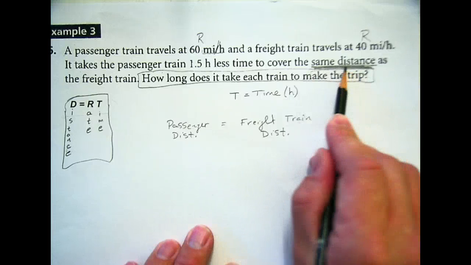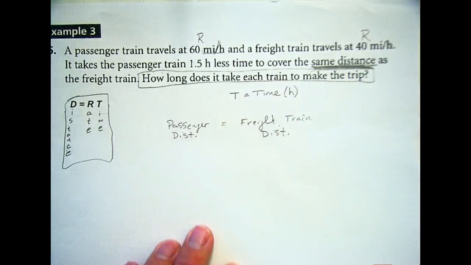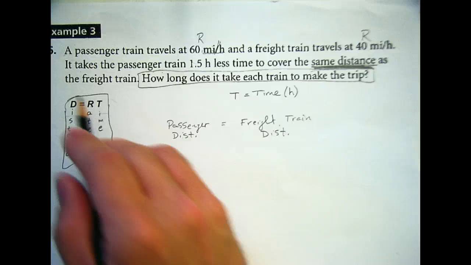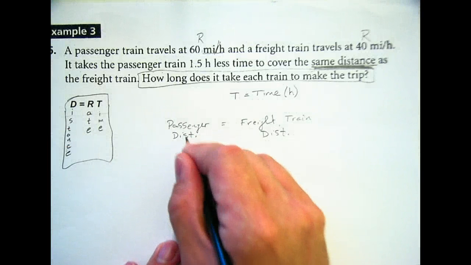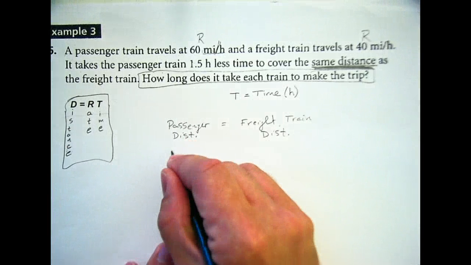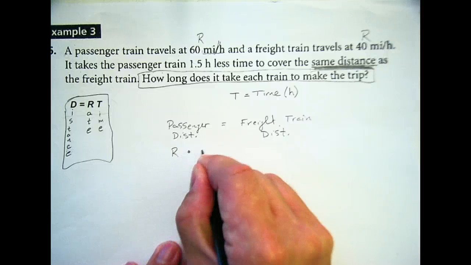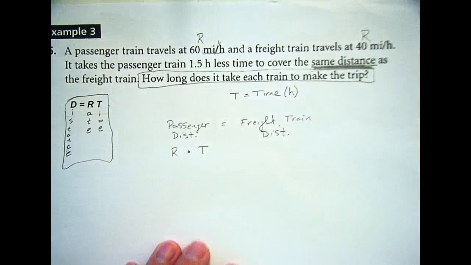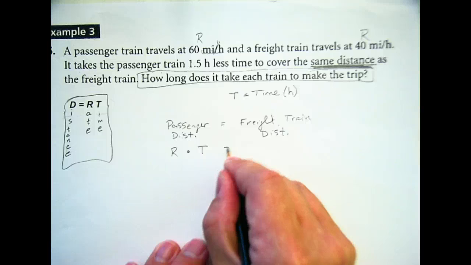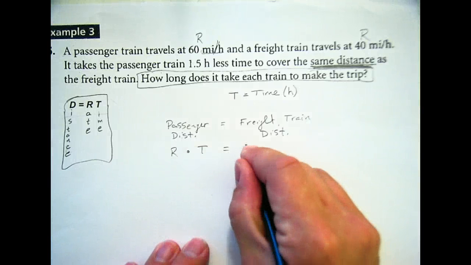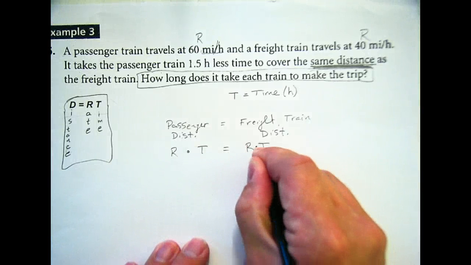That's a key piece. That means this distance equals that distance, which means, remember, another way of saying distance is rate times time. That means the passenger's rate times time has to be equal to the freight train's rate times time.